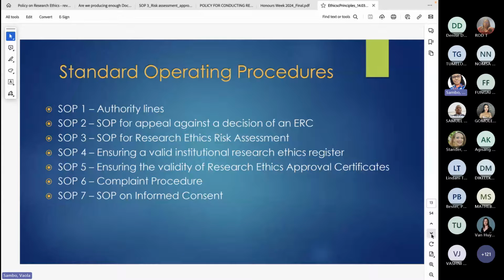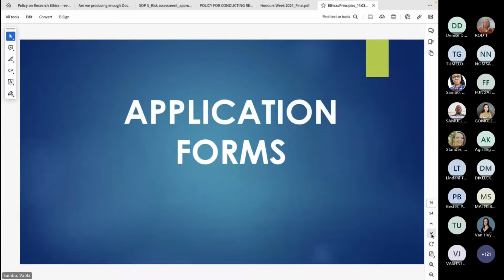It normally, for a level 4, is 1 year, and then as the applicant, you would be required to constantly provide a progress report to the committee so that the committee keeps satisfying itself that the research is being conducted within the expected ethics requirements, right? And then we've got the SOP that guides on how procedures of complaints should be carried out, and then the SOP on informed consent.